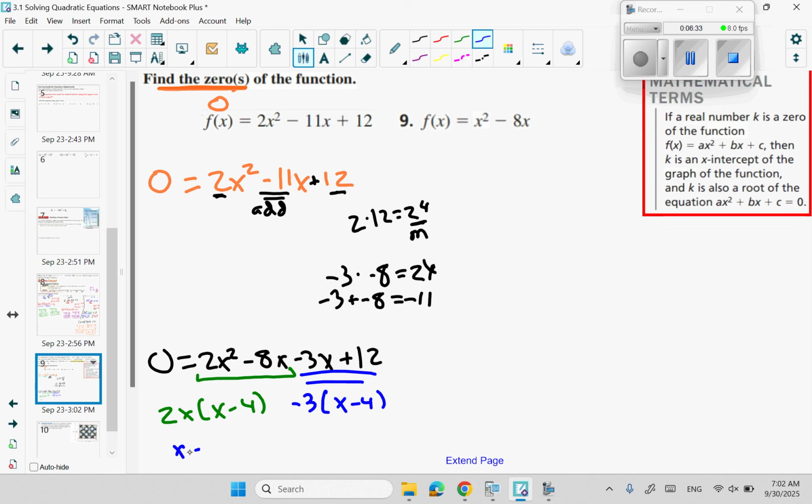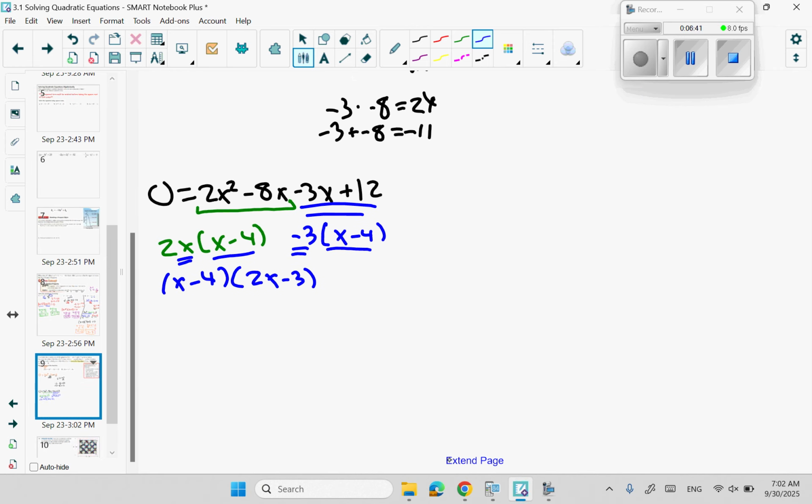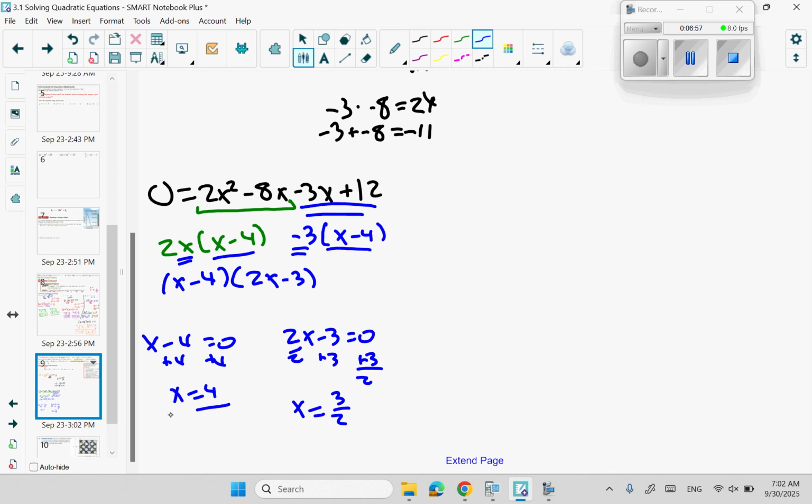So we get x minus 4 because it's the matching parentheses, and we get 2x minus 3. So we can set both of those equal to 0 and solve. So plus 3, divide by 2, divide by 2, x equals 3 halves, plus 4, x equals 4.